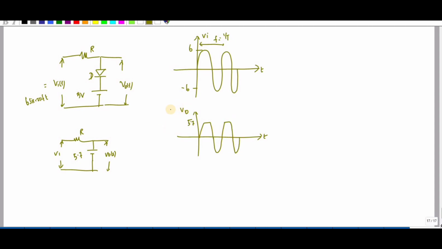So basically how I will remember is you have to draw this 5 volt. If I consider the diode is ideal and it will conduct when it is 0, right? So it is 5. Since the diode is facing downwards, it should be like this. Whatever the signal below this one will appear in the output.